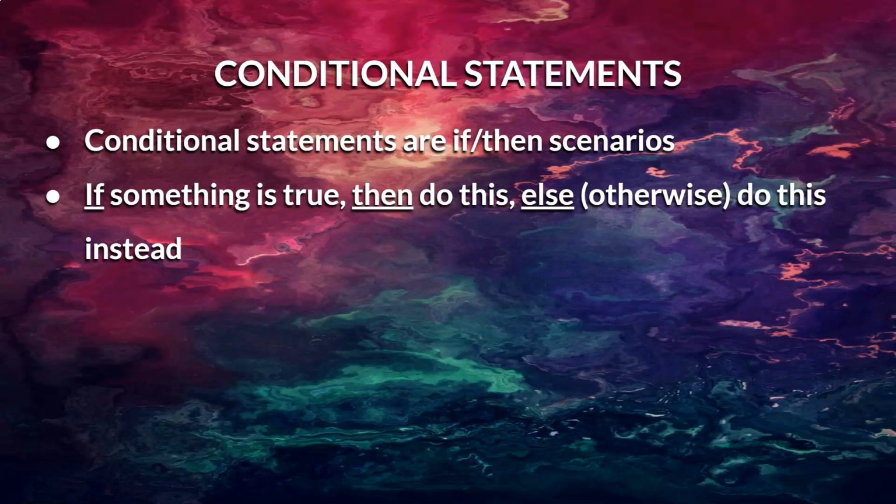So basically the pattern is if something is true or if something happens, then do this. Causes something else to happen. If the first part is not true, then you get to the else part, or otherwise. This is what happens instead, if anything at all.